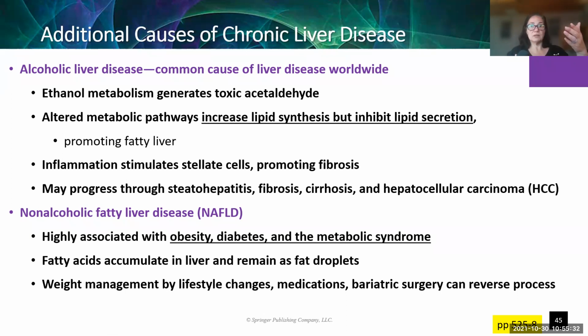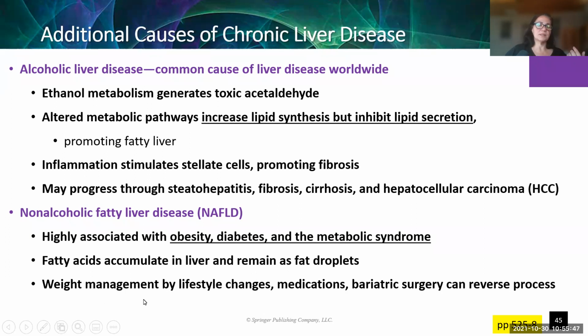As with the alcohol, if the alcohol can be eliminated from the diet, some of the damage may be reversible if it's stopped early enough. The same goes for non-alcoholic fatty liver disease.